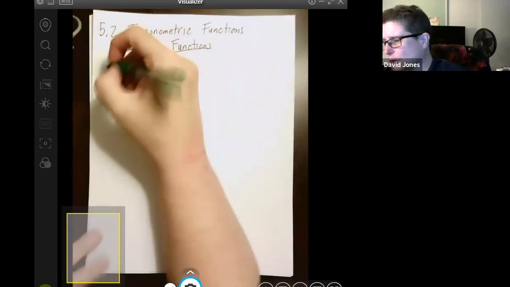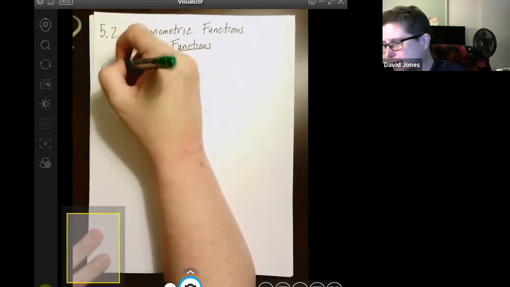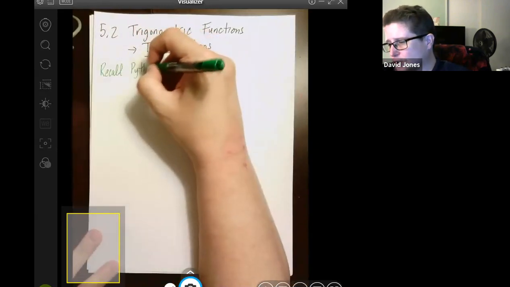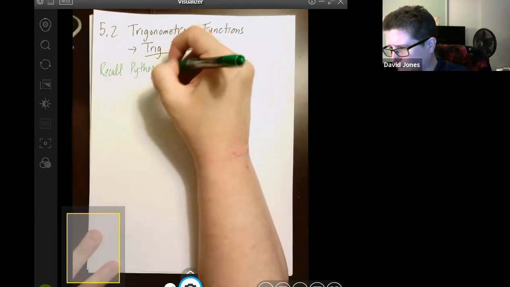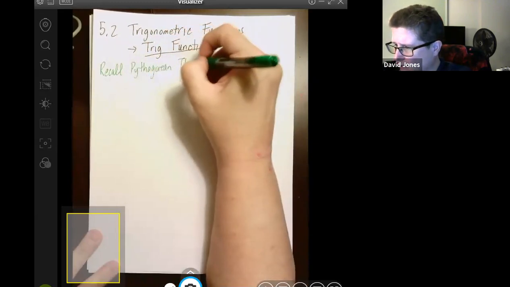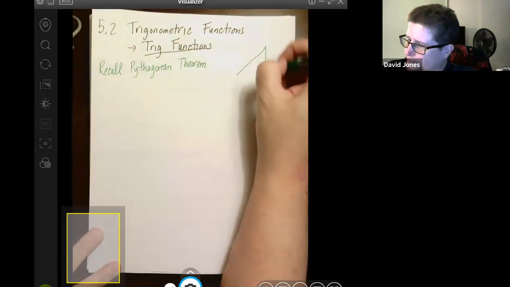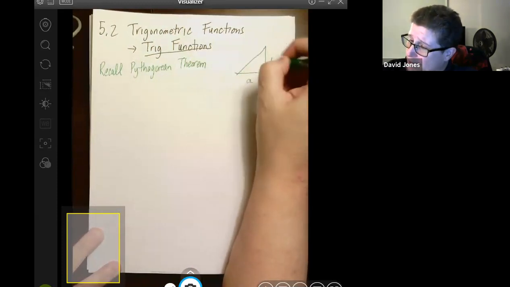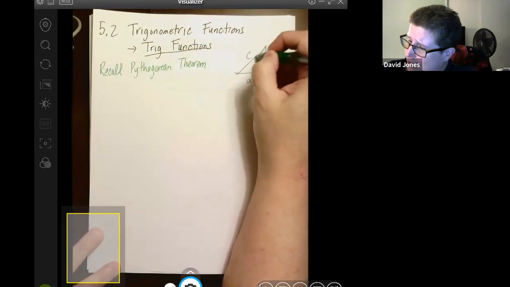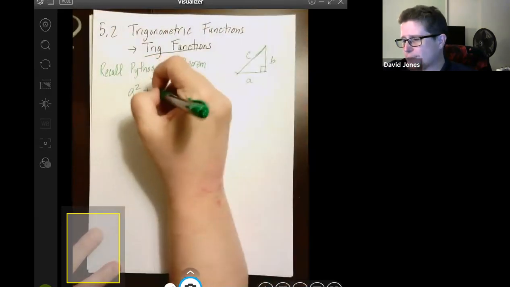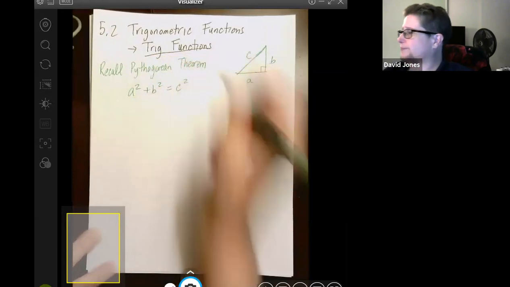To start you off, I want you to recall something that you know. Recall the Pythagorean Theorem from algebra. It was the triangle one, remember? A, B, and C, and it makes a right angle. A squared plus B squared equals C squared.